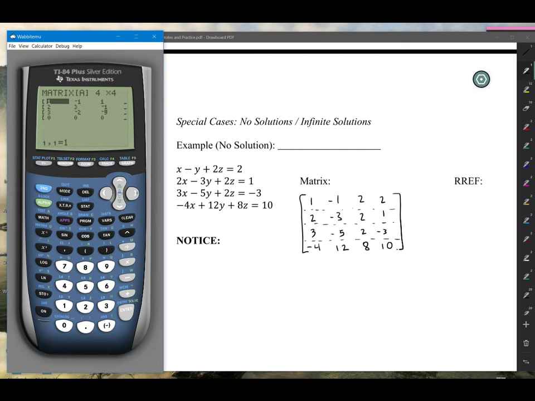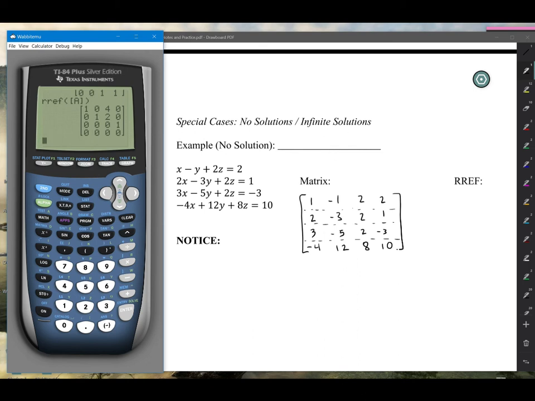And 1, -1, 2, 2, 2, -3, 2, and 1, 3, -5, 2, and -3, and -4, 12, 8, and 10. Okay, let's use reduced row echelon form on that.